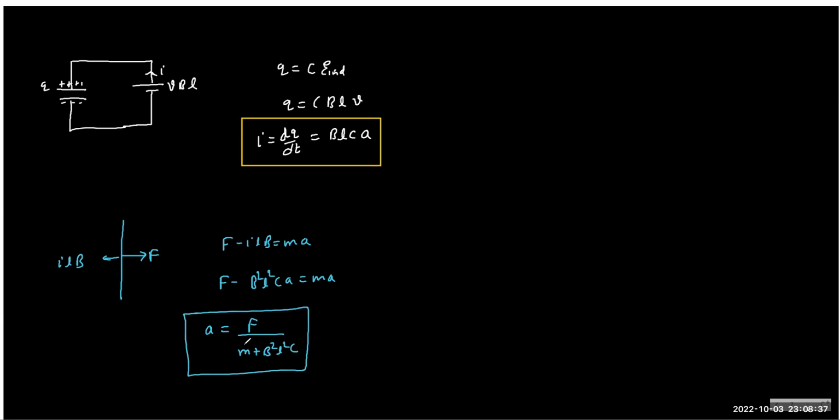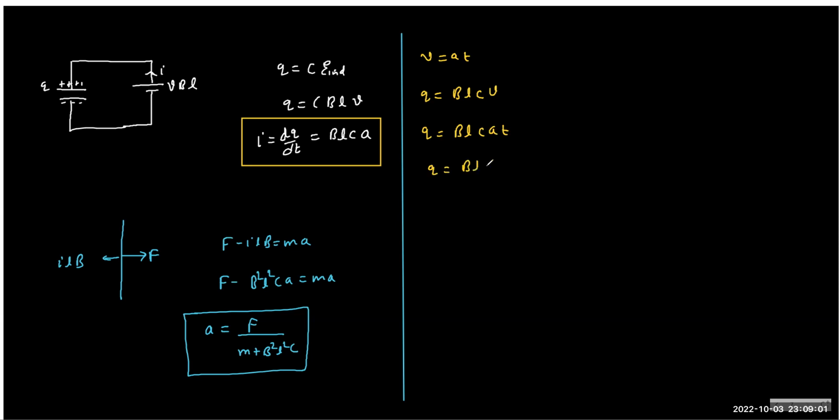And because acceleration is constant, so you can find the velocity as a function of time t using kinematical equation. And so you can find the charge. Yes. So I hope this is what you got, right? Yes. Excellent.